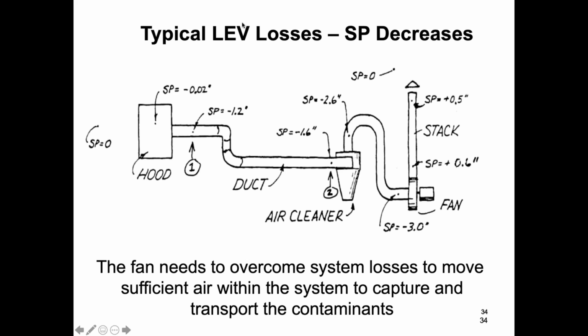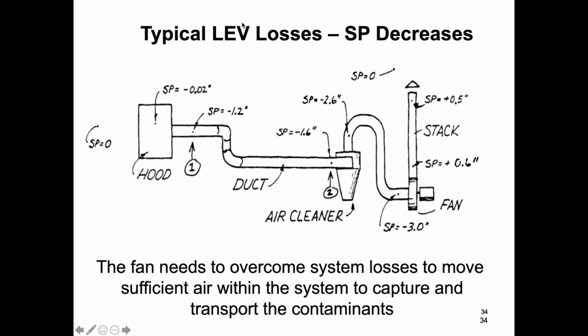And what we do is we calculate the velocity that we need for the capture and the size of the ductwork, and we have tables that help us calculate how much static pressure loss, how much energy we're losing to friction and other issues on turns and so on as we go through this ductwork and the air cleaner.